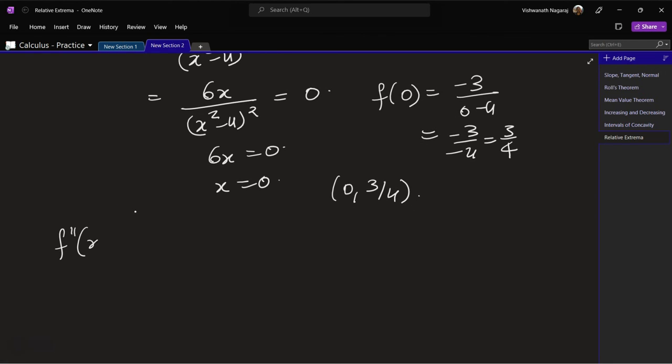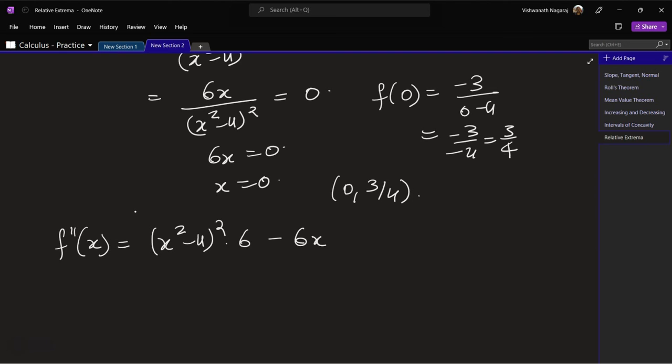f double prime of x is equal to x square minus 4 whole square as it is times 6, minus 6x times, now we differentiate the denominator.